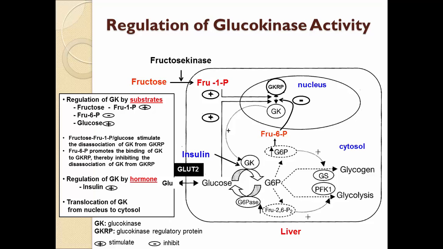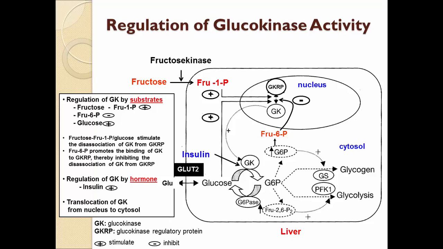So these are all the glycolysis pathways. Glucose is first transported by GLUT2 into the liver cells, and glucose can be phosphorylated to glucose 6-phosphate by glucokinase, right? And glucose 6-phosphate can be converted to fructose 6-phosphate, and of course can also be further metabolized through the glycolysis pathway.